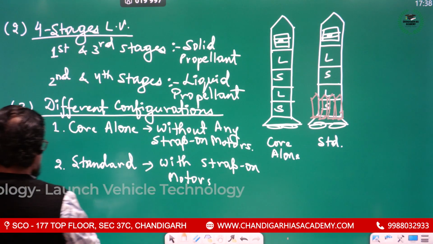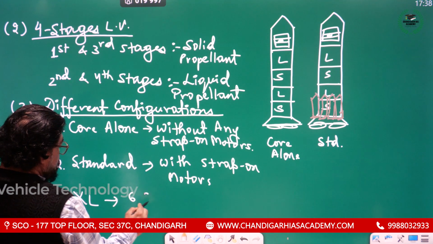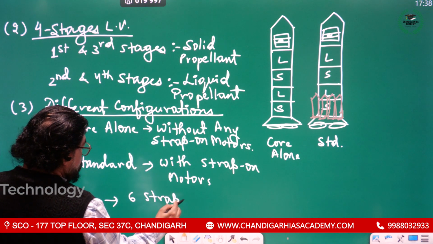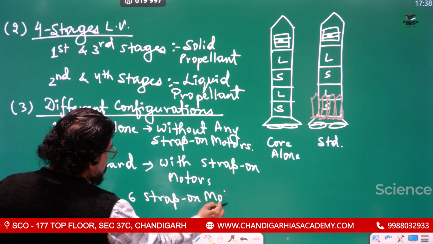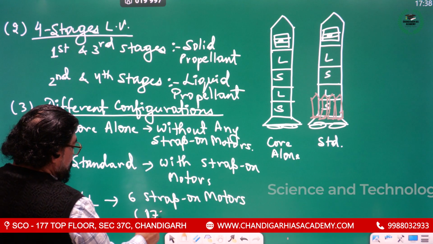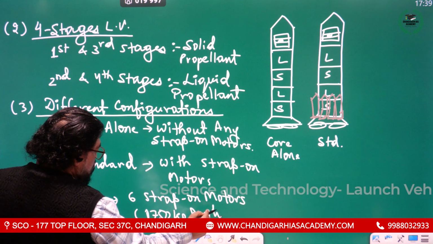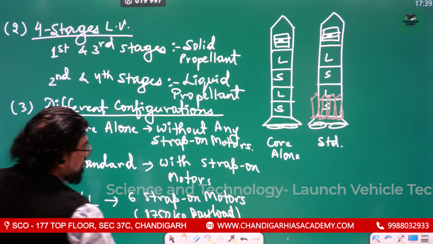Now what comes third is XL, with 6 strap-on motors. A payload of 1750 kilograms can be launched using this.